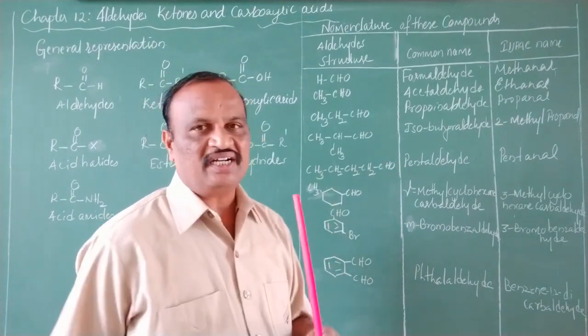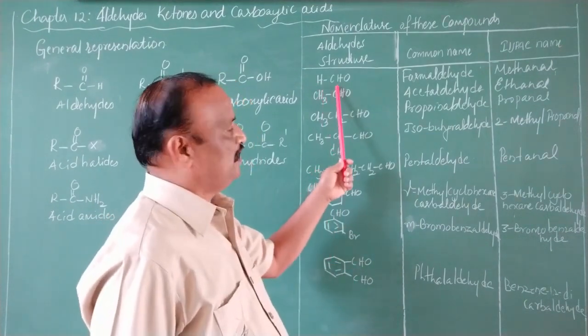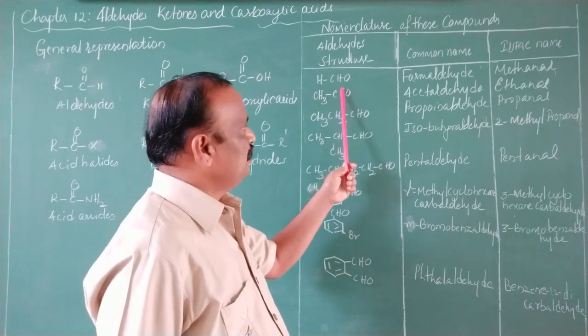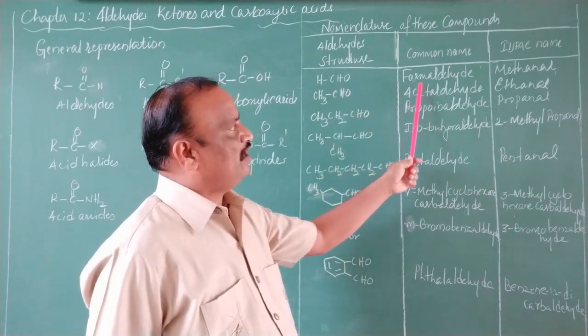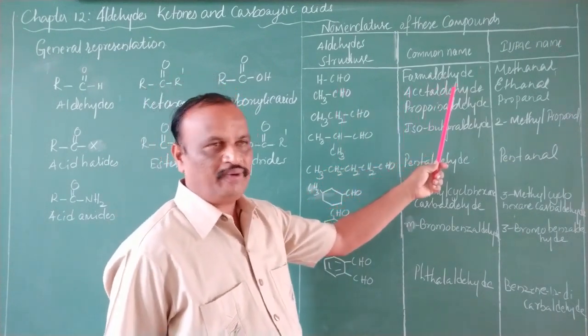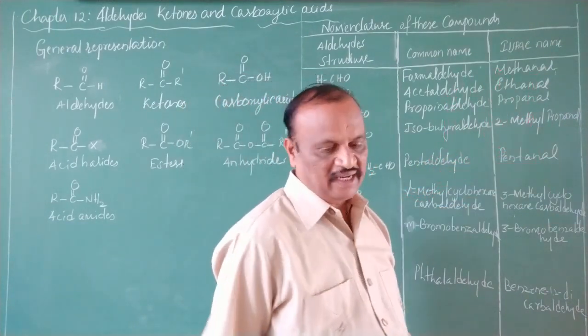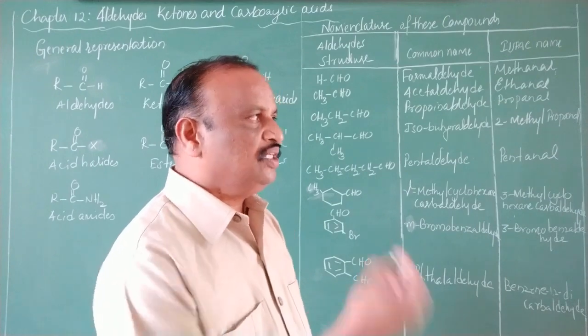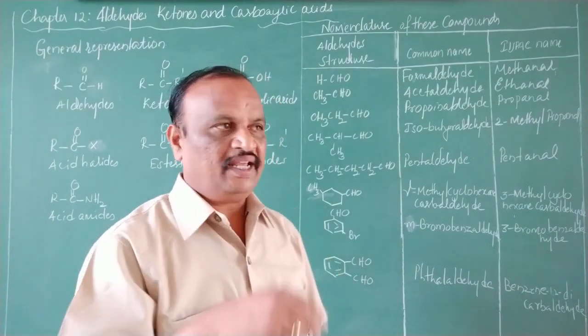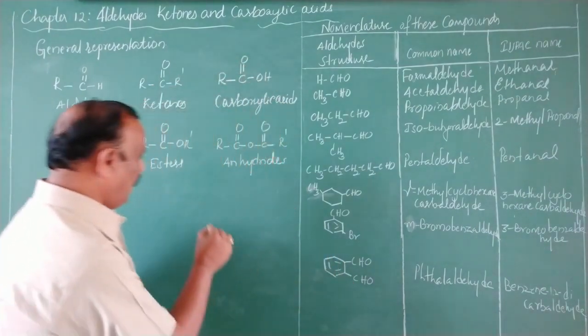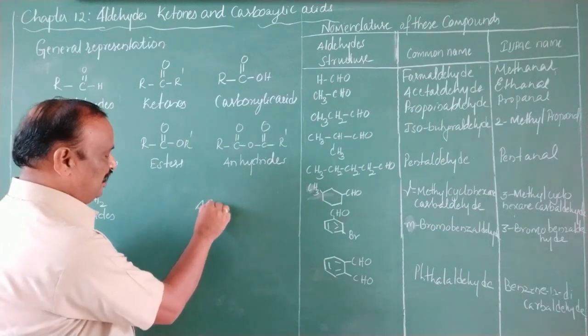The simplest aldehyde is HCHO. Commonly this is called formaldehyde. And the IUPAC name for this one is methanal. So this should be named as alkanals.